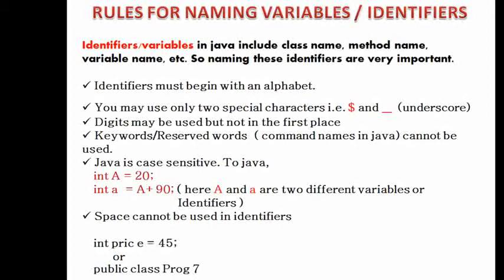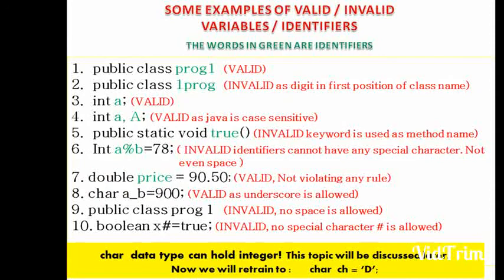So let us now see some valid or invalid variables or identifiers. The words that are written in green color are all identifiers or variables. Number 1, public class prog1 is a valid name because I am not violating any rule.